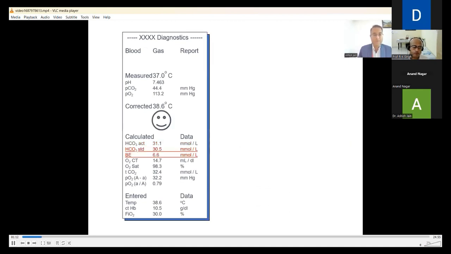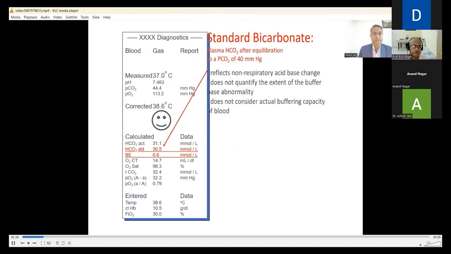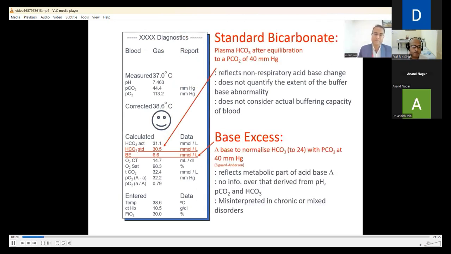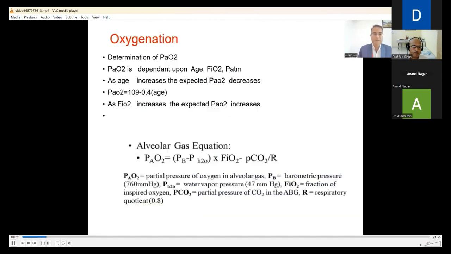Bicarbonate is always a calculated value with the Henderson equation, but there are certain other values written on the ABG report, that is bicarb standard and base excess. Please do not use them for the calculation or reading of an ABG because they could be misleading.